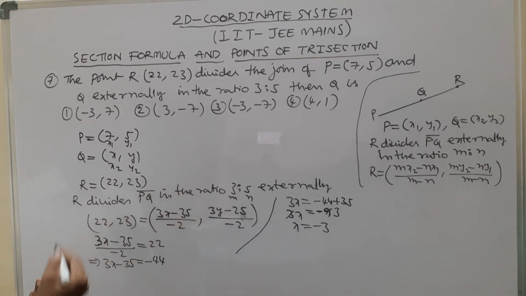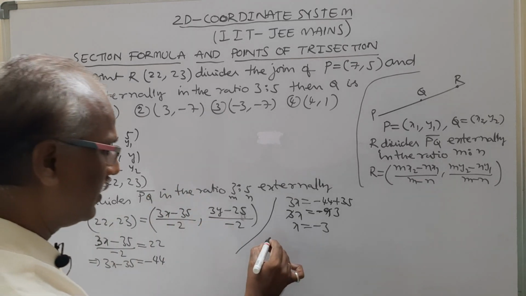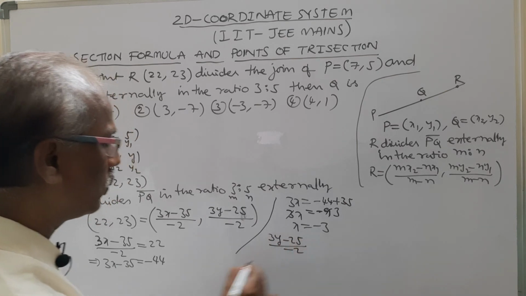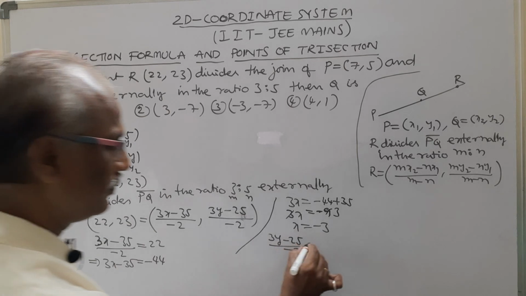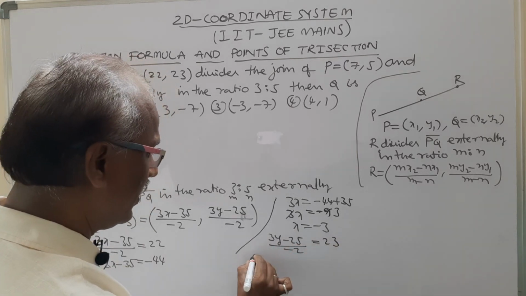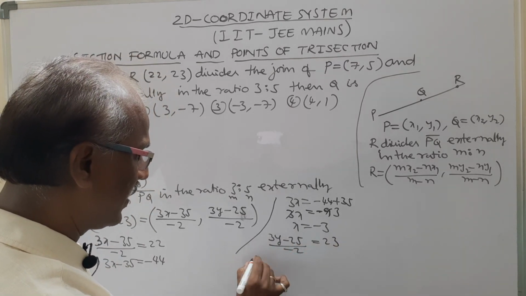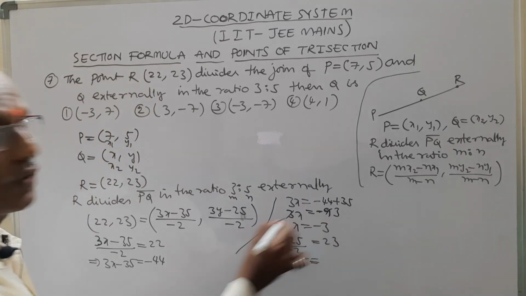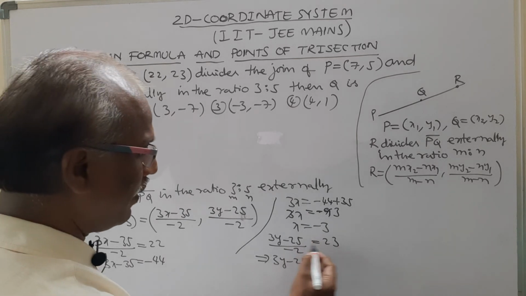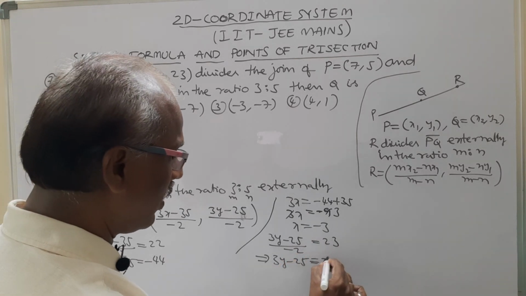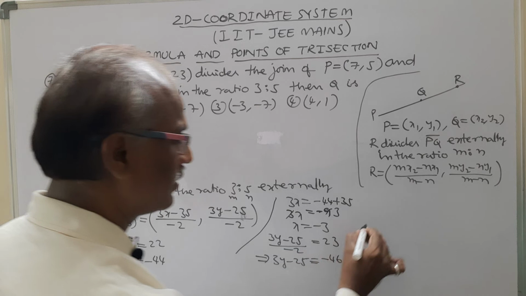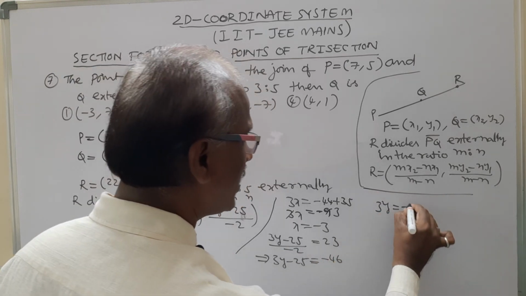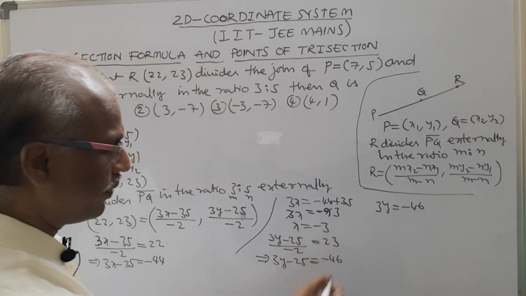Next, to find the y value also: 3y minus 25 by minus 2 equals 23. Cross multiply: 3y minus 25 equals 23 into minus 2, minus 46. 3y equals minus 46, and minus 25 becomes plus 25.